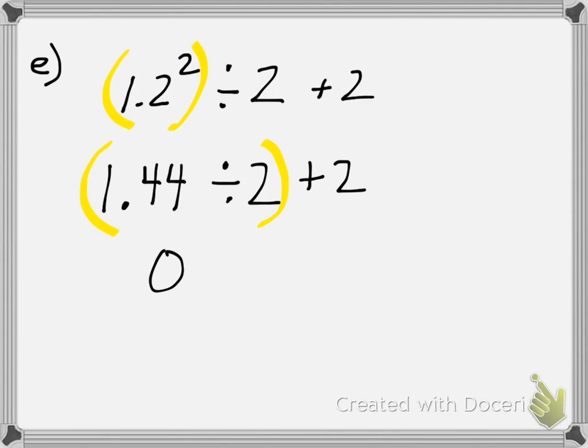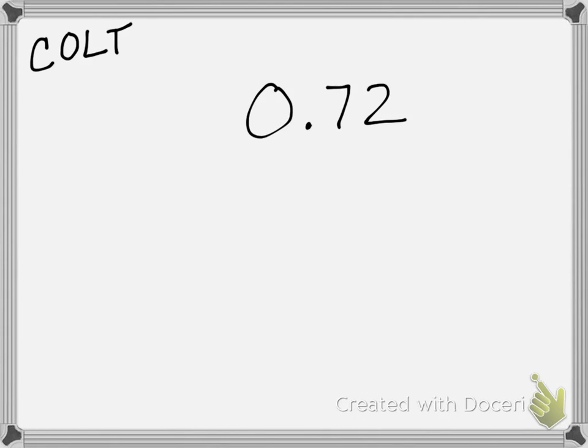So we get 72 hundredths. So now this equals 72 hundredths. And then we bring down the plus 2 that we haven't used. So now we're going to go ahead and take our 72 hundredths and our 2. Now once again, this is combining like terms. Whenever we're adding or subtracting, we have to make sure they're the same. So 2 is in the ones place, so that's the same as 2.0.